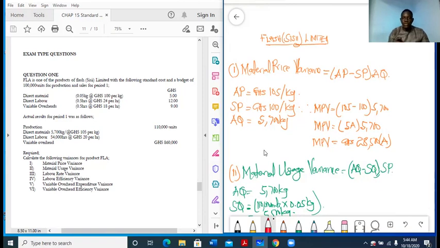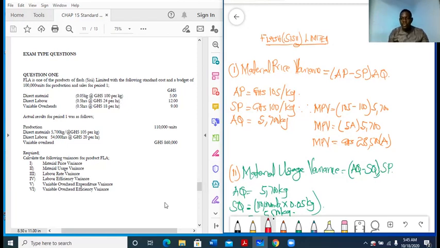In the question, our actual price was 105 per kg, and our standard price was 100 Ghana cedis per kg. So we find the difference between the price at which we actually bought the goods as against how much we should have paid for it.